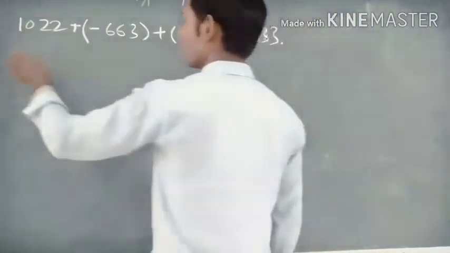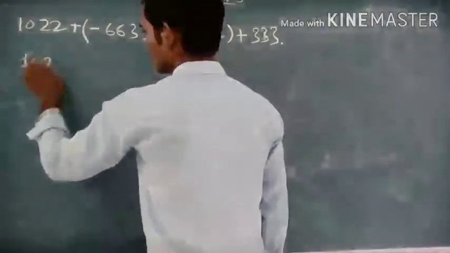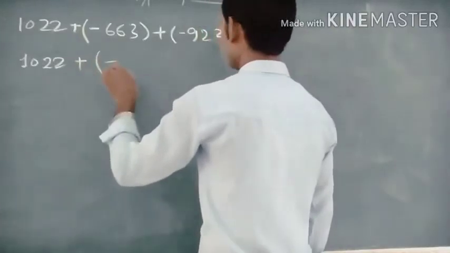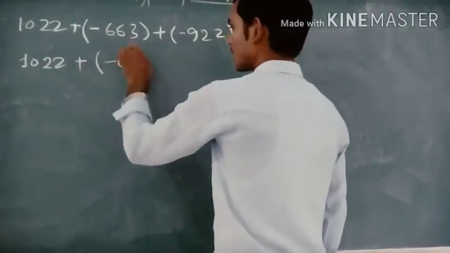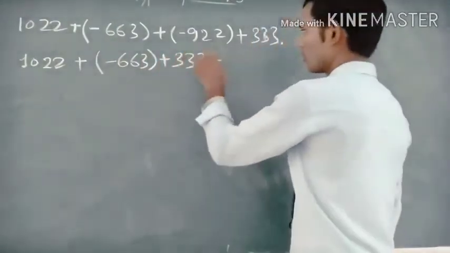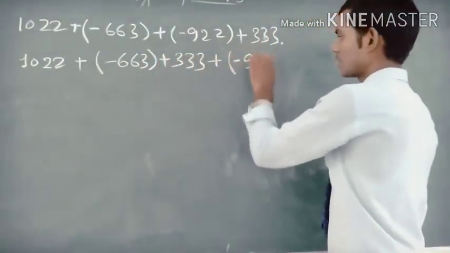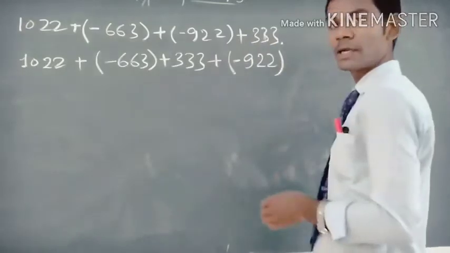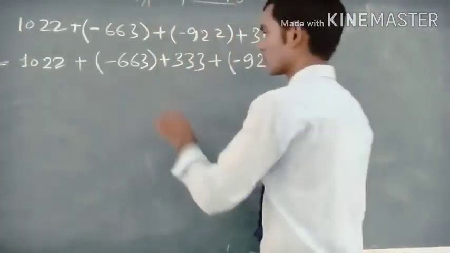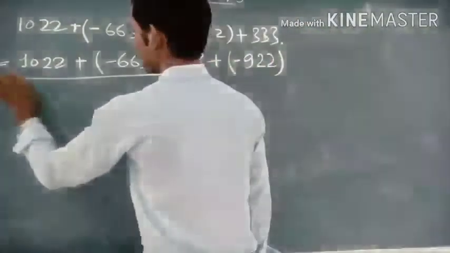So we have 1022 plus minus 663 and plus 333 plus minus 922. We can also write them like this, and now we can apply the associative property on these three terms.